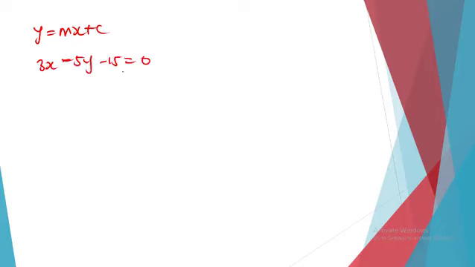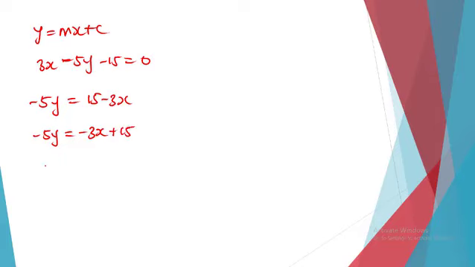Let's go over to the next page. The equation of the line is given as y equals mx plus c. The equation we are looking at is 3x minus 5y minus 15 equals 0. This can be written as minus 5y equals 15 minus 3x, or minus 5y equals minus 3x plus 15.